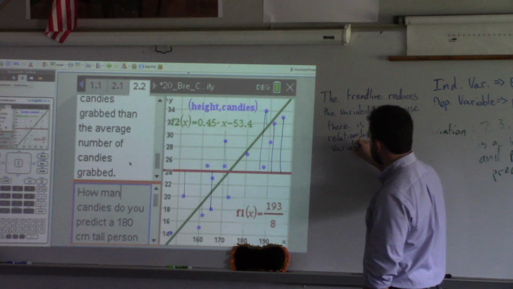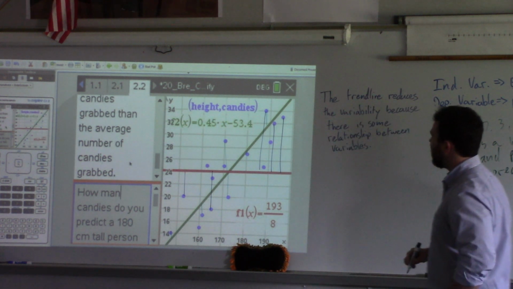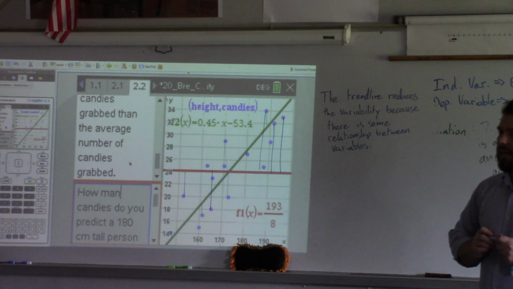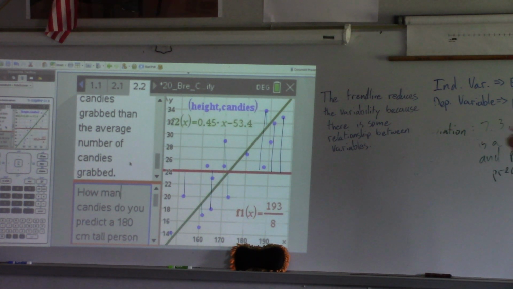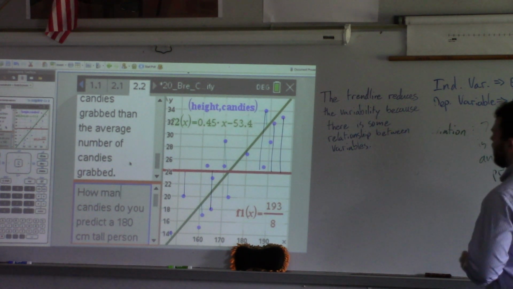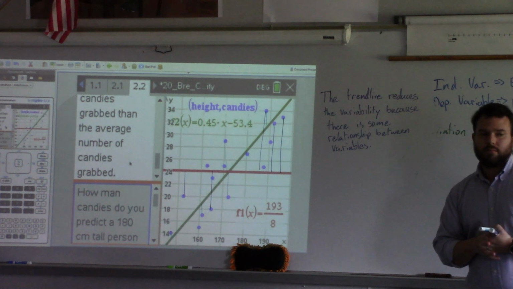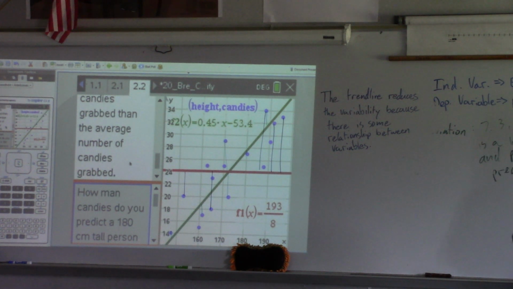We're going to go into more detail about what that is, but this is important to understand that when we look at that trend line, the data have lower variability around that trend line than there is about the average, because there is some relationship between the variables and it is explaining that. The trend line reduces the variability because there is some relationship between the variables.